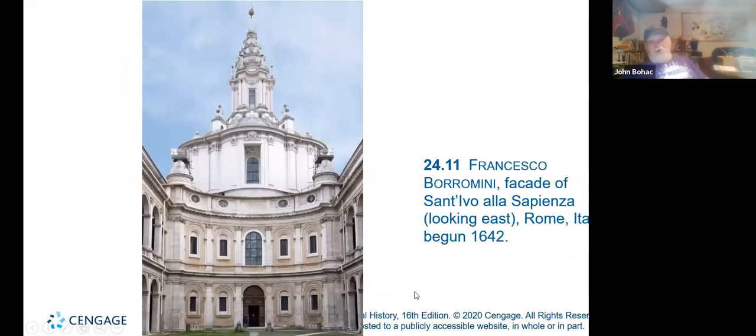And here's another Borromini. So I'm showing you all this stuff. This is 17th century Rome. They really did a total makeover of the entire city.